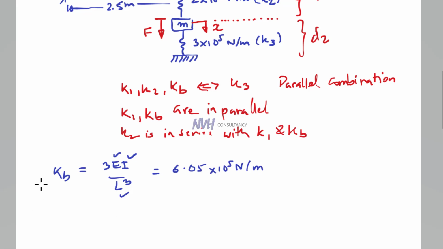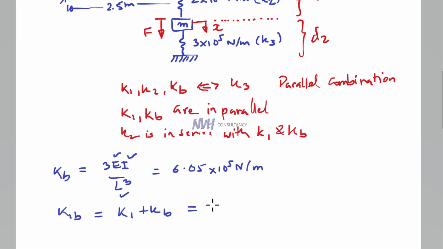Okay. Once you know what KB is and you already have the values of K1, K2, K3, now you can find the equivalent stiffness. So let's first add up K1 and KB. K1B is the equivalent stiffness of K1 and KB. You know that K1 and KB are in parallel, so what you have is K1 plus KB.